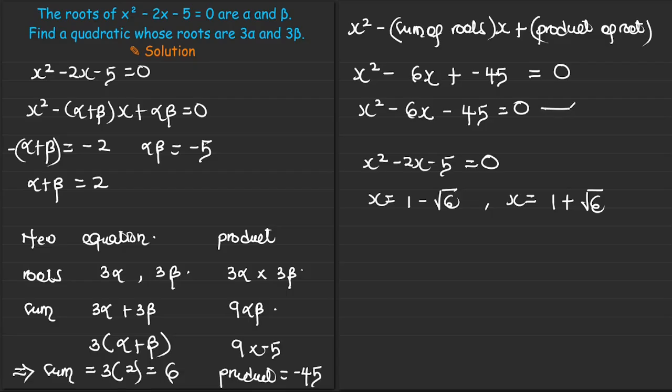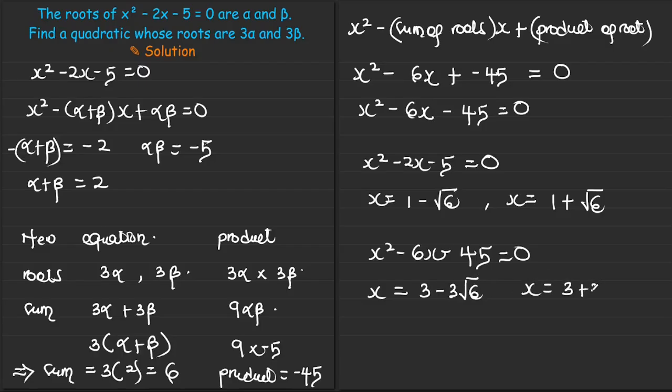Now for this new equation we have here, x squared minus 6x minus 45 is equal to 0, its roots are what? x equals 3 minus 3 root 6, then x is also equal to 3 plus 3 root 6.